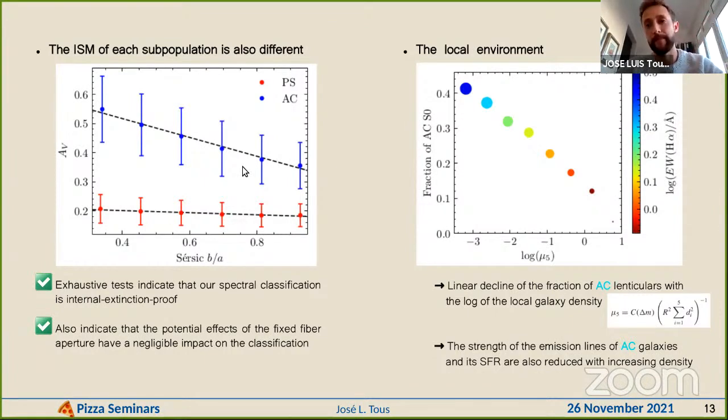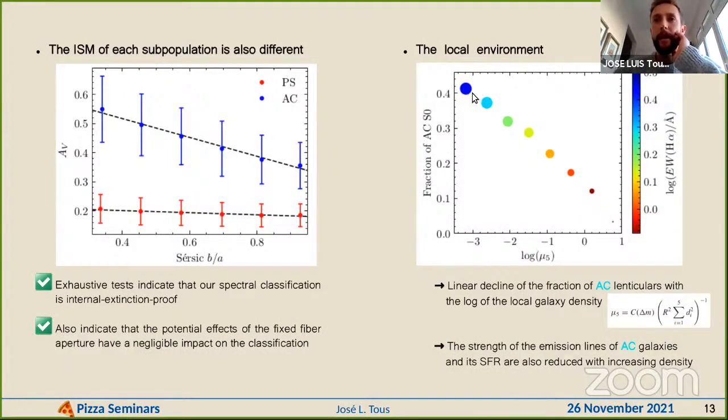Now, let's check the environment of these galaxies with our own local density estimator, this one here. And this plot on the right-hand side of the screen has 4 dimensions. I am showing you the fraction of active S0s as a function of the local density.